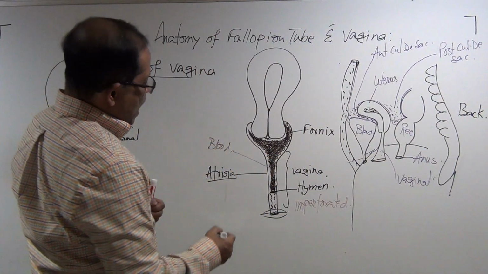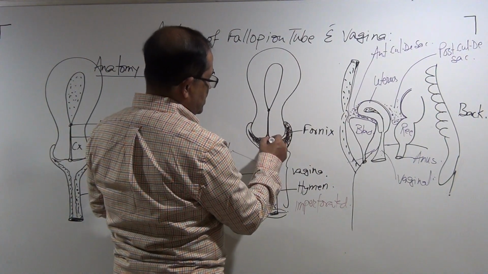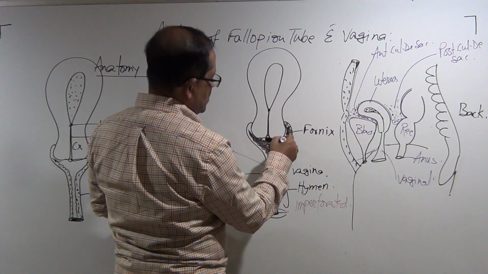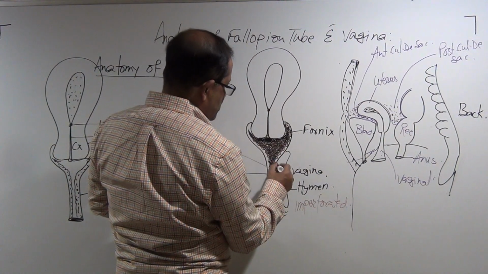Okay, and now every month there is a period and the blood is coming. Blood is coming and is getting more.